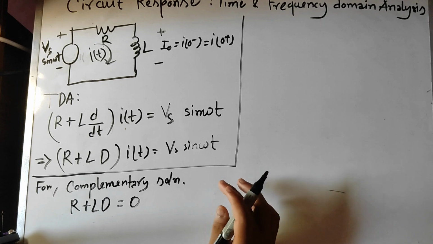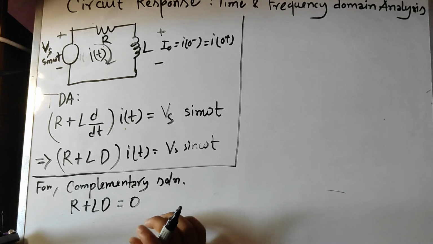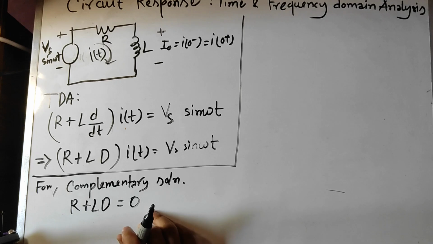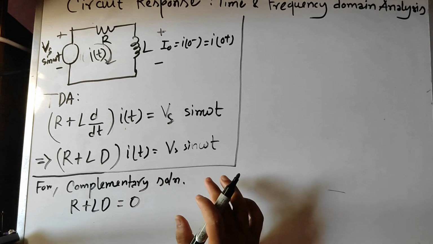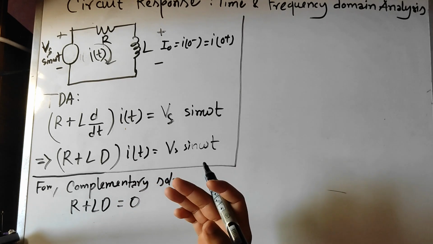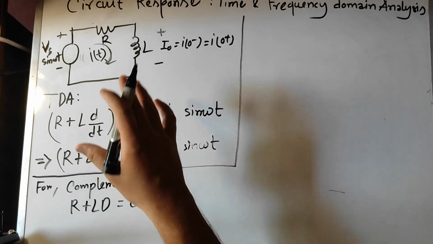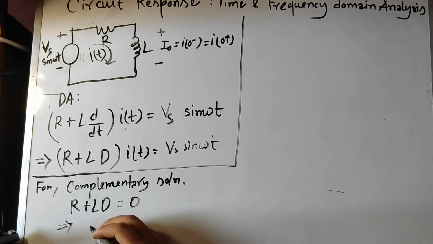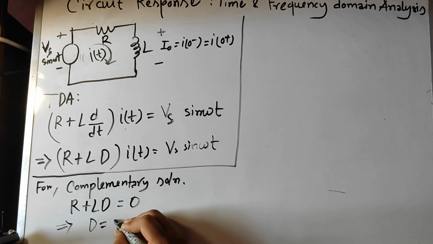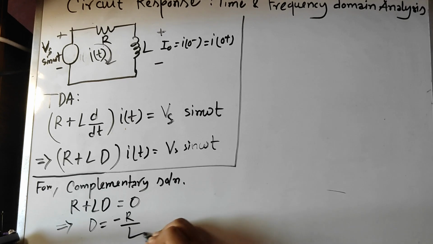From the characteristic equation we get the eigenvalues, which give the complementary solution, and the complementary solution is the transient response of the RL circuit. So D equals minus R by L.